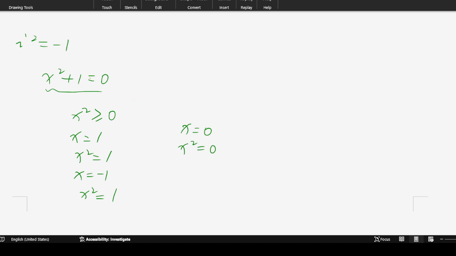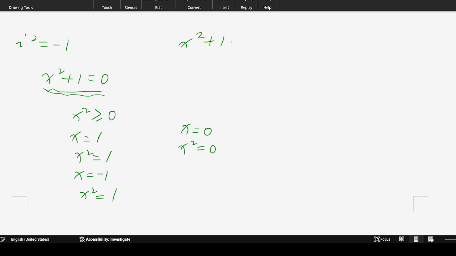But anyway, we cannot make this equation work. So scientists, mathematicians, they create a symbol. So how to make this equation work?